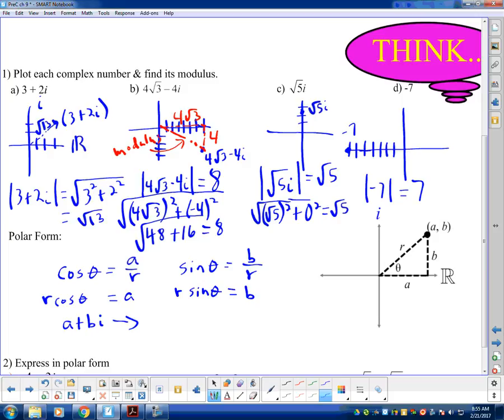And we're going to change that into this polar form for complex numbers. So if I know that A is equal to R cosine theta, I can substitute R cosine theta for A. And if I know B is equal to R sine theta, I can substitute R sine theta for B. And then I also have this I right here.